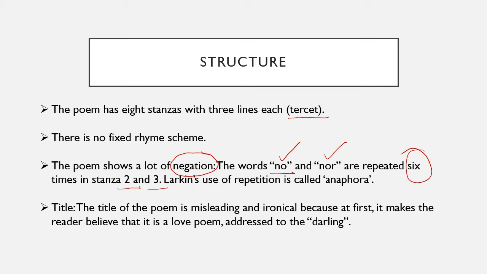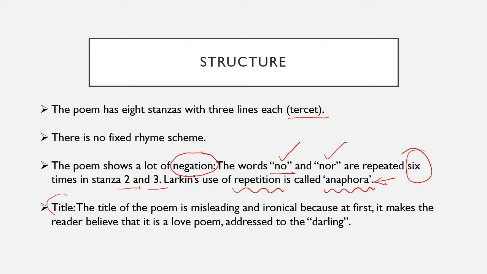So no nor, no nor, this is how the repetition goes. Larkin's use of repetition here is the poetic device anaphora. When we do poetic devices, you will come across this word again. Anaphora, in very simple terms, is repetition.